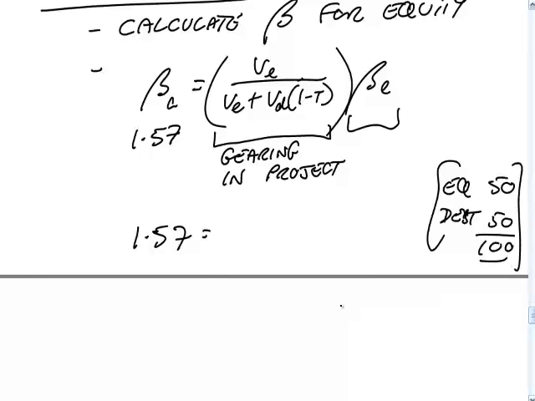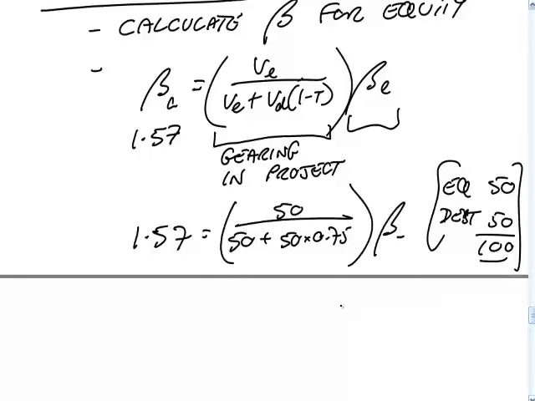And so, VE, equity 50 over equity plus debt times 1 minus T times the equity beta. Well, that's what we're after. So again, as long as you are clear what figures I'm putting in, it's then, I think you'd agree, relatively simple calculator work.